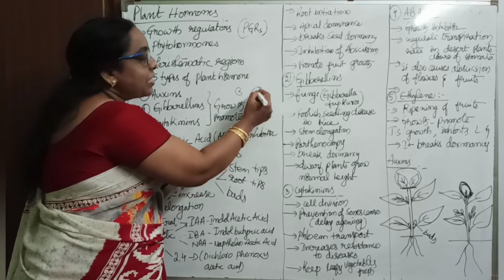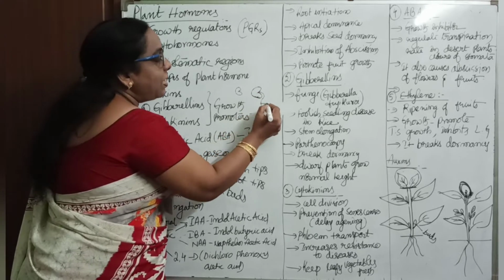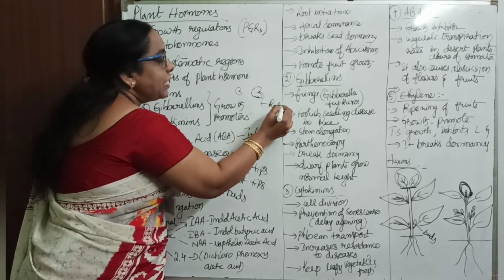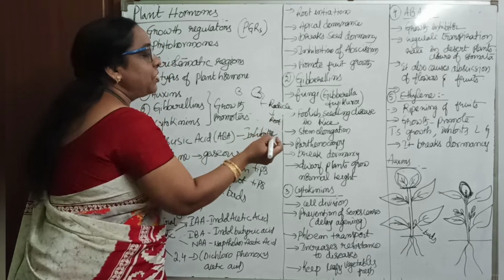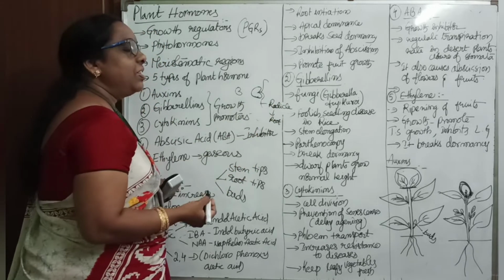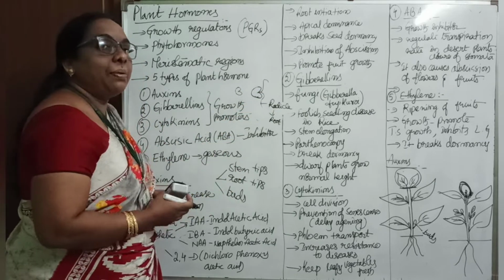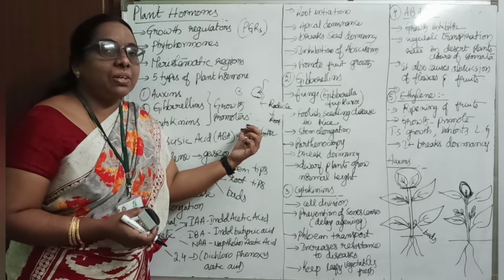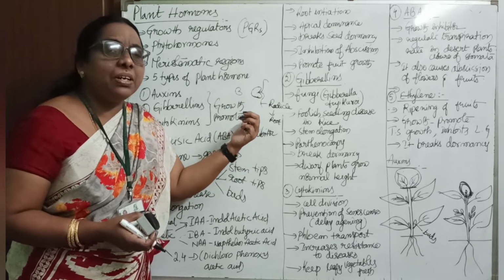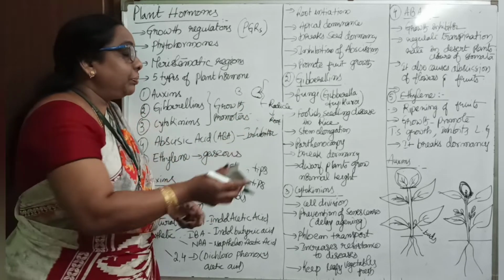This is called root initiation. This is called the radicle, and later it develops into a root. This is called the shoot, which is a different part. So auxins help in root initiation.